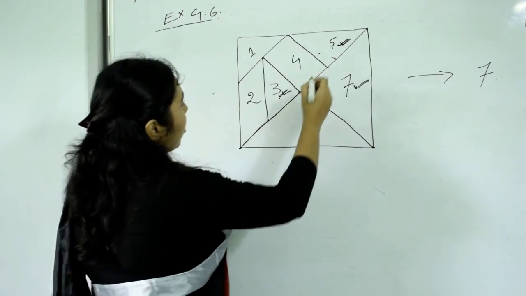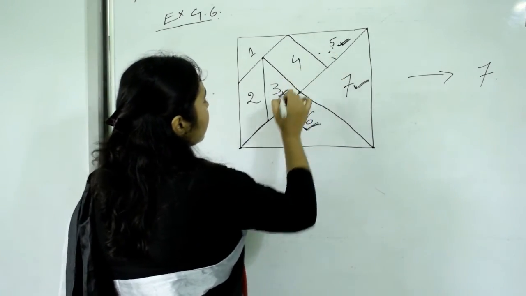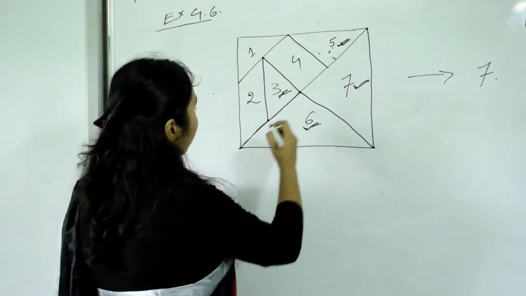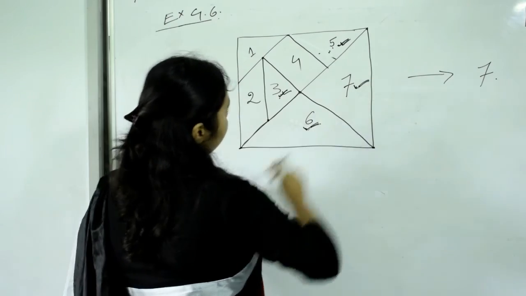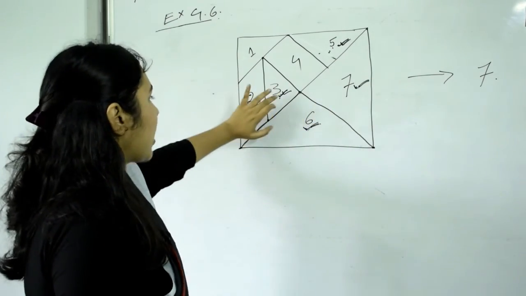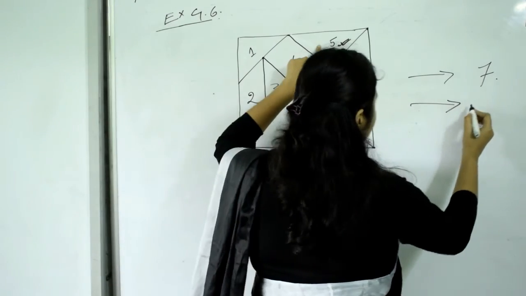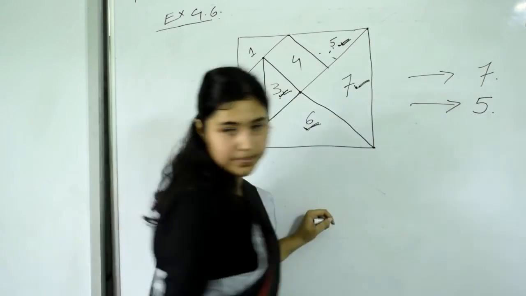Why? Because both have the same size. Number 6 and number 7 are both bigger than number 3. So our next answer is number 5.